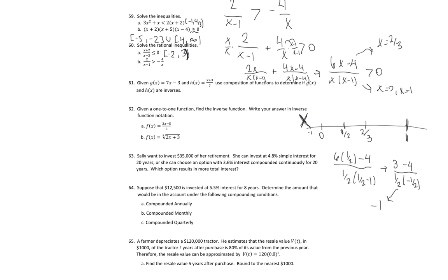So we get minus 1 over negative 1/4, which the negatives cancel. 1 over 1/4, treat as 1 over 1, keep, change, flip. So 1 over 1 times 4 over 1. It's just 4, which is greater than 0. So that works. Between 0 and 2/3, that's a yes.